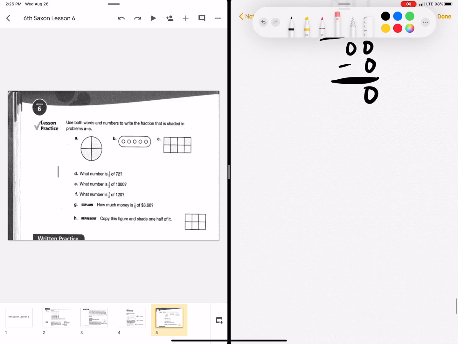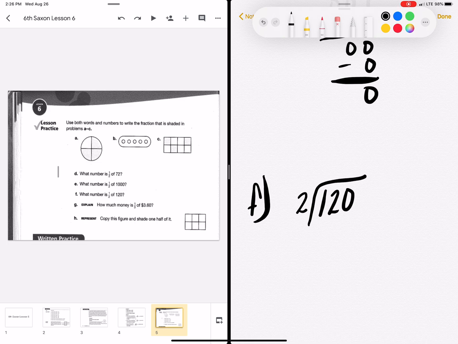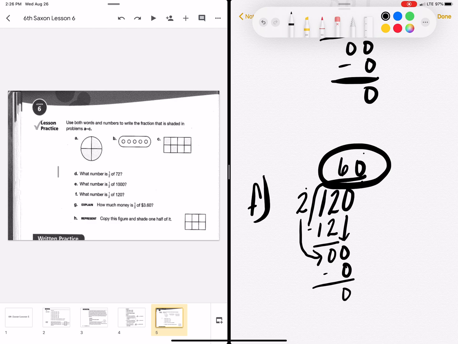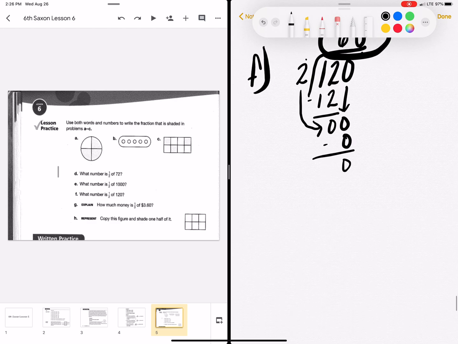What number is half of 120? That's F. Divide by the denominator. 2 times 6 is 12. Leaves you with none left over. How many 2's are in 0? 0. 0 times 2 is 0. Subtract and you get 0. Half of 120 is 60.